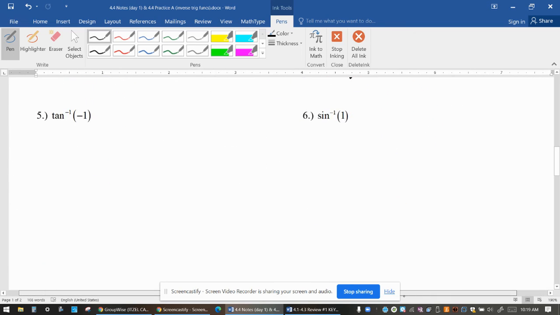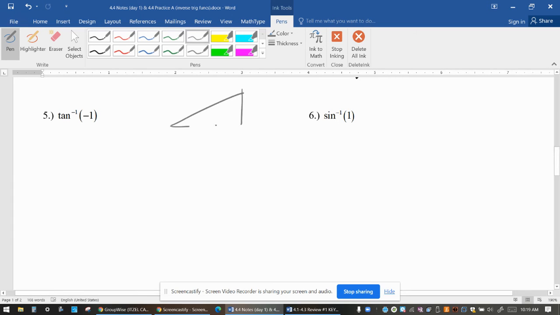All right, tangent inverse of -1. So I'm going to try to see if a 30, 60, 90 triangle could help me get my ratio of 1/1, essentially. Tangent is opposite over adjacent, so that would be -1/1.